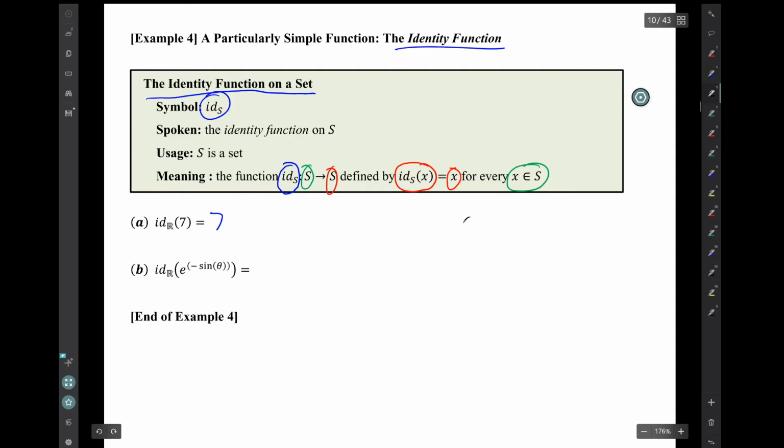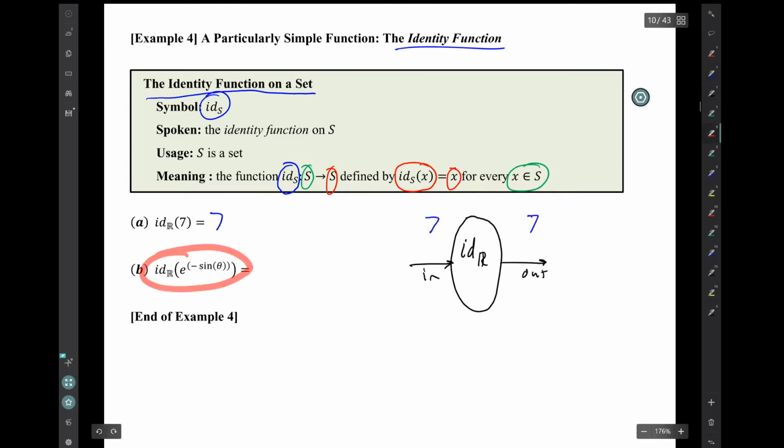An arrow diagram for this, or a machine diagram, would be the following. And consider this example. If I use as input this messy expression, e to the minus sine theta, well, the output is going to be e to the minus sine theta as well. Whatever you feed in as input comes out as output.